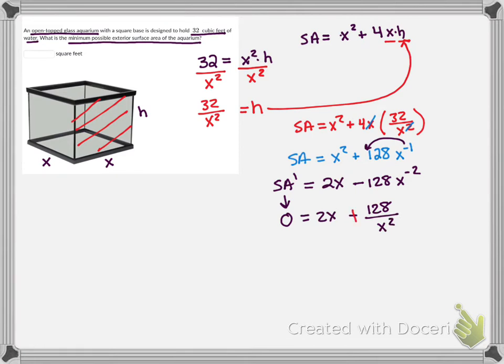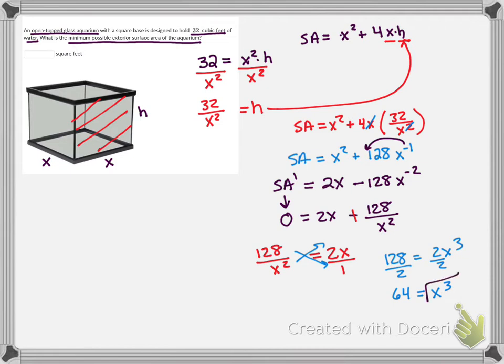I will add this term to both sides and get 128 over x squared equals 2x over 1. Now I'll cross multiply. 128 equals 2x cubed. Divide by 2. 64 equals x cubed.